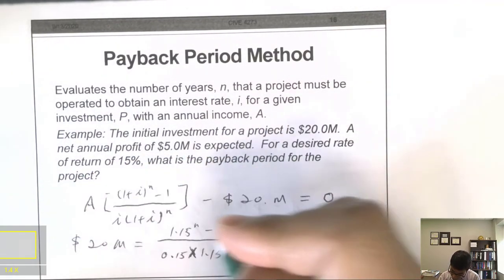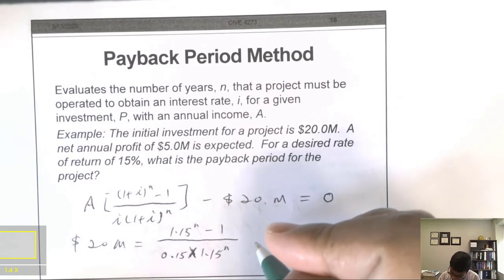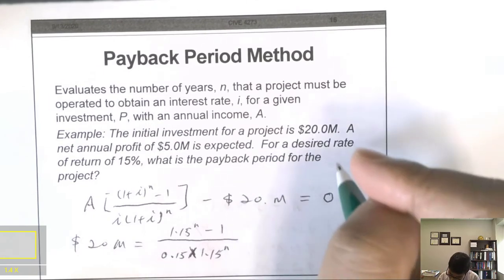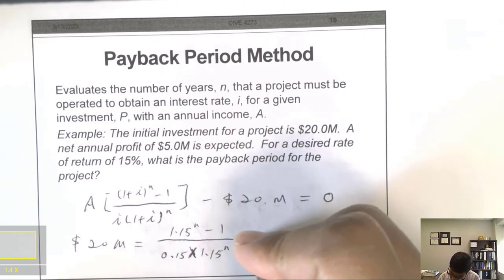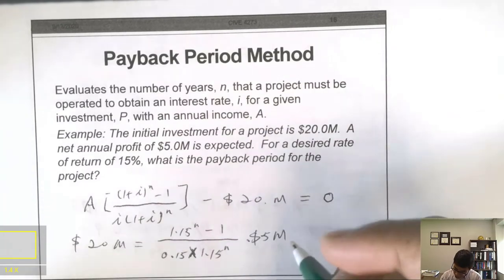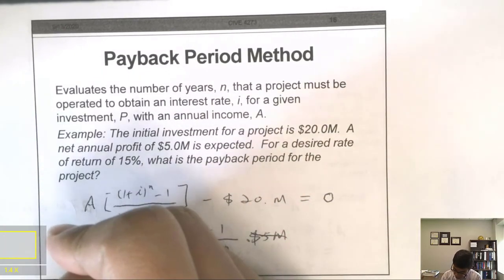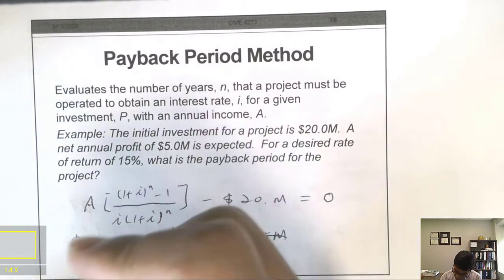And we do not forget this A right over here. A is the annual profit, which is the $5 million. We can divide both sides by 5 million. So here it is going to be 4.